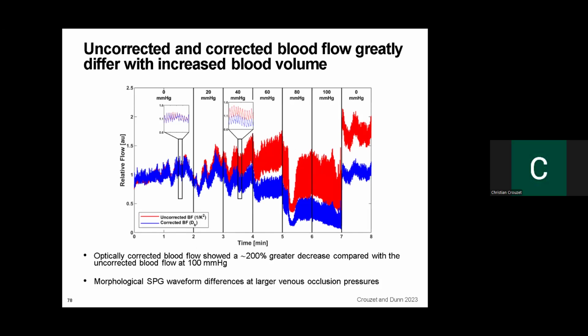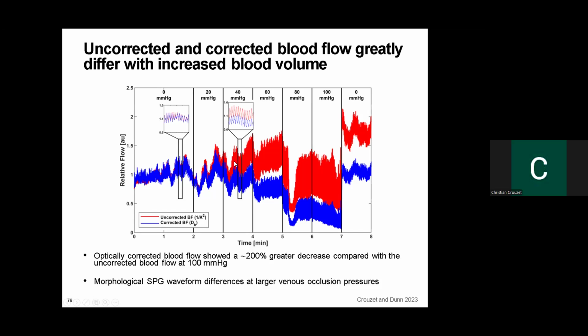So what do we see once we do this? The red curve is where we're not doing any correction for the optical properties, across the different occlusion pressures. And then the blue is once we actually correct the blood flow for the optical property changes. And you see a couple of interesting features starting around 40 millimeters of mercury in terms of the flow value.